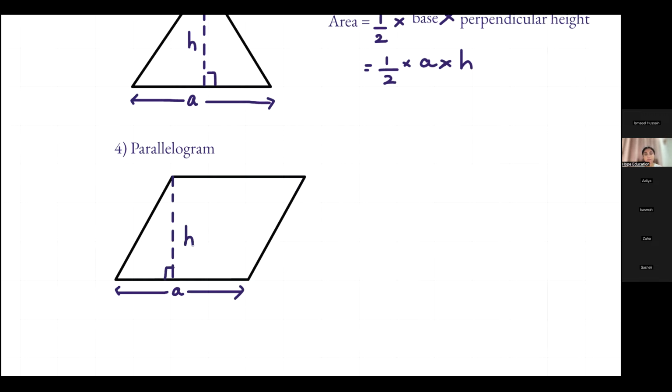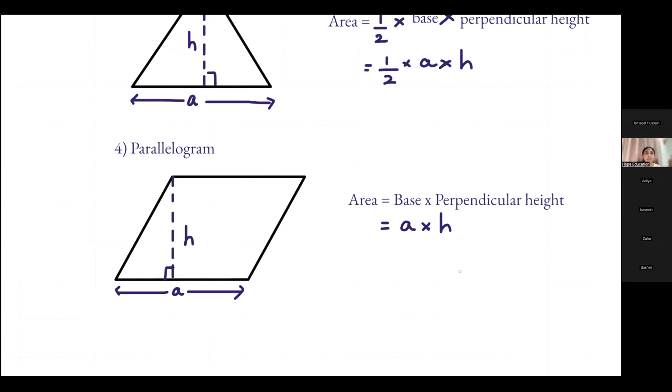Base into height, so A into H. Base into perpendicular height. Here the base is A, perpendicular height is H.